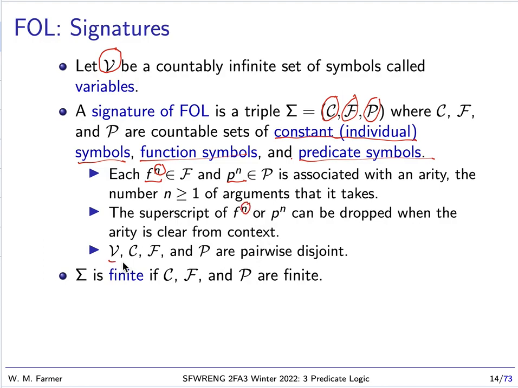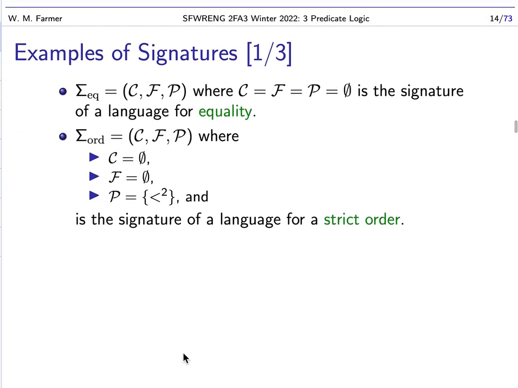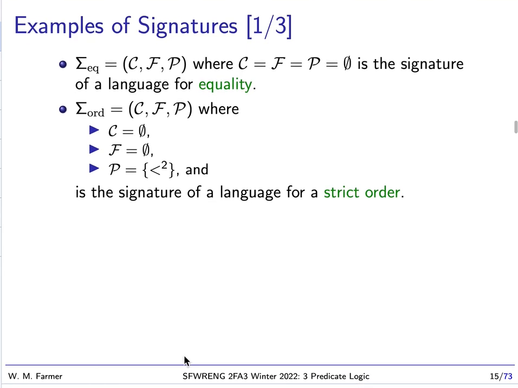And we assume that these sets are all pairwise disjoint. What that means is there's no symbol that occurs in more than one of these sets. And we say our triple sigma, our signature, is finite if each of the sets, script C, script F, and script P are finite. So let's look at some examples of signatures. You can think of signatures as a set of symbols to talk about something.